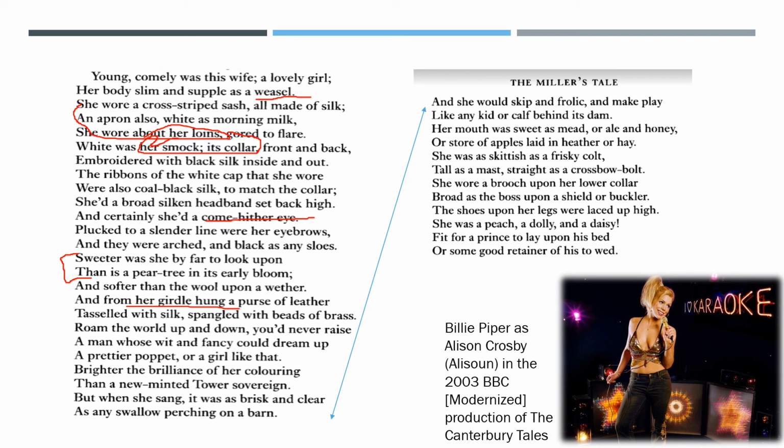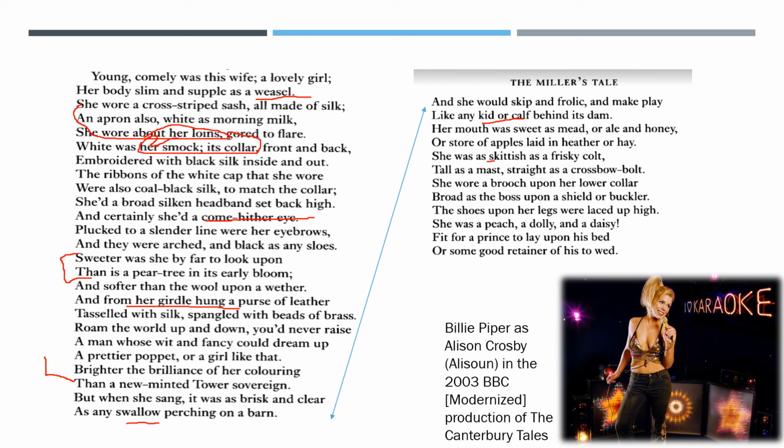Brighter the brilliance of her coloring than a new minted Tower sovereign. But when she sang, it was as brisk and clear as any swallow perching on a barn. And she would skip and frolic and make play, like any kid or calf behind its dam. Her mouth was sweet as mead or ale and honey, or store of apples laid in heather or hay.